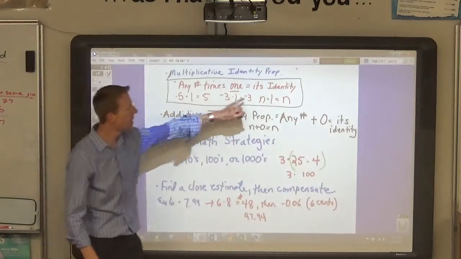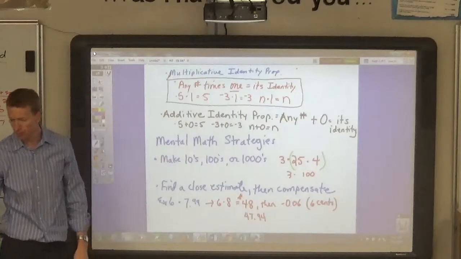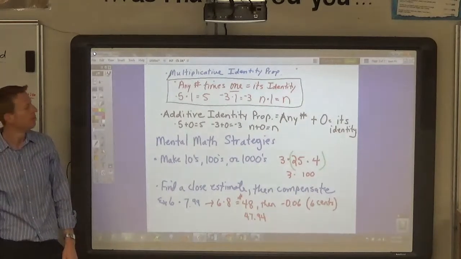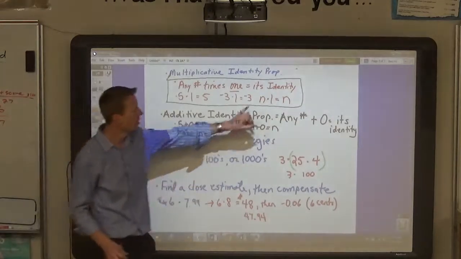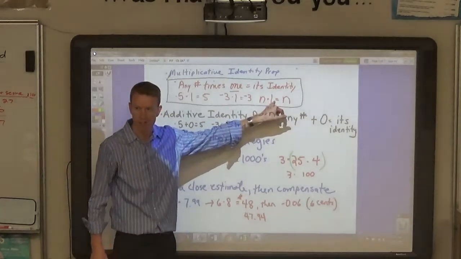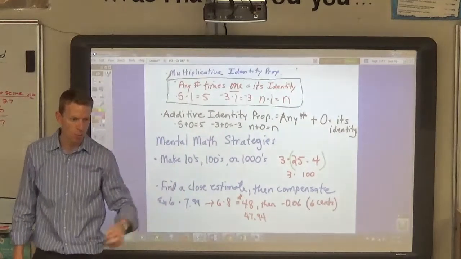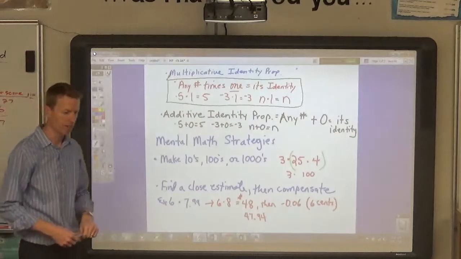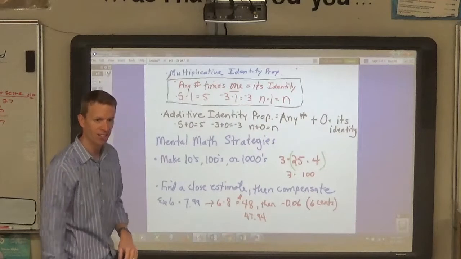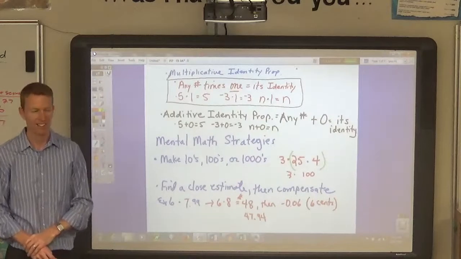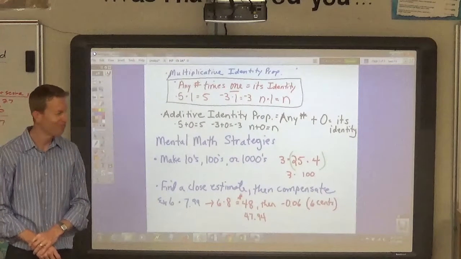We say that that identifies the number in algebra. So that means n times 1 is n. Anything times 1 is whatever you started with. Roy times 1 is Roy.